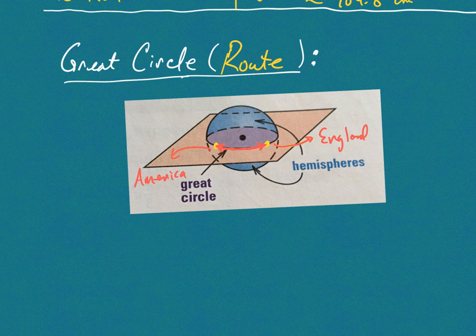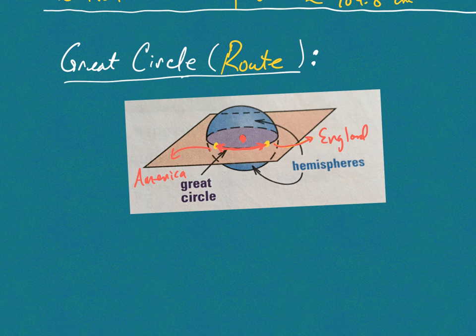You create what's called a great circle route. And what you do is you pass a plane, a flat surface, through the earth so that the plane goes through the center. That's the important part. It has to go through the center. And it's possible to create a great circle route between any 2 locations anywhere on earth.